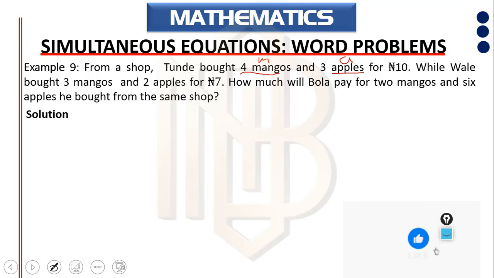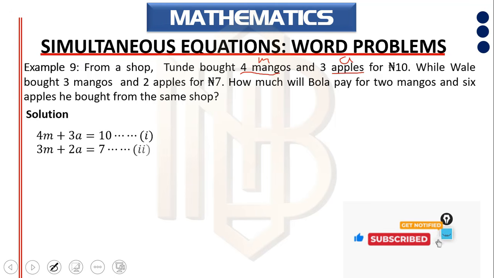That's going to give us 4M plus 3 times the cost of 1 apple, which is going to be 3A. 1 apple is A, 1 mango is M. Okay, so if you multiply it together and add it together that way, I'm just taking you through the process of the interpretation. So that means you have 4M plus 3A equals 10. You can tag that down as equation 1.